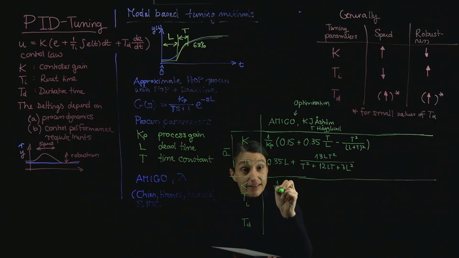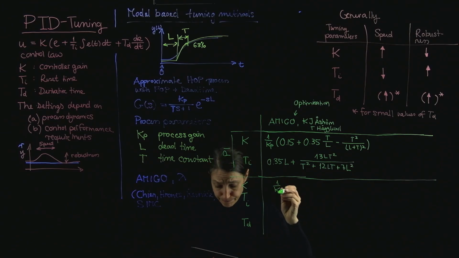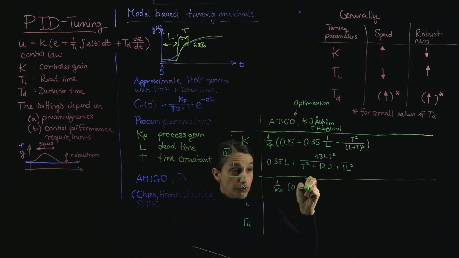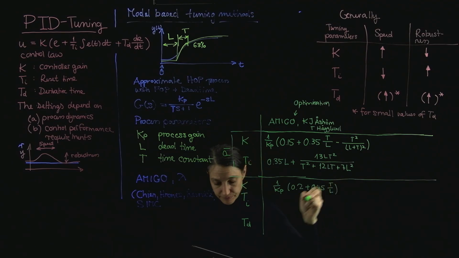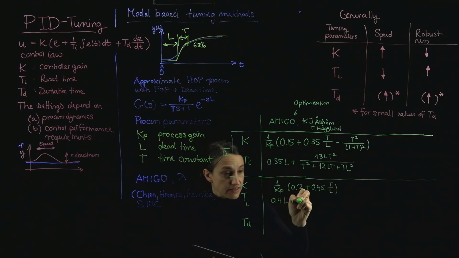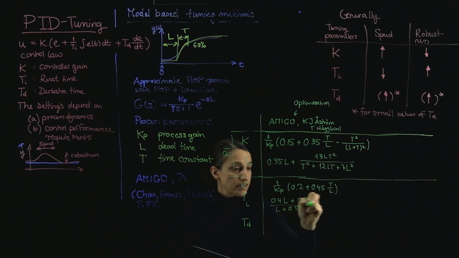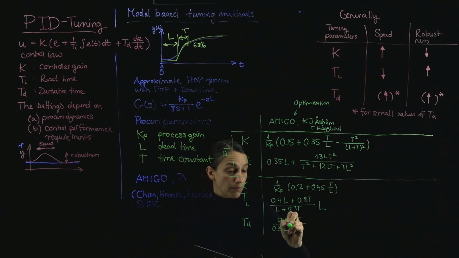The controller gain K is again proportional to 1 divided by KP times 0.2 plus 0.5 T divided by L. And TI is 0.4 times L plus 0.8 times T divided by L plus 0.1 T times L, and then the derivative time is 0.5 L times T divided by 0.3 L plus T.